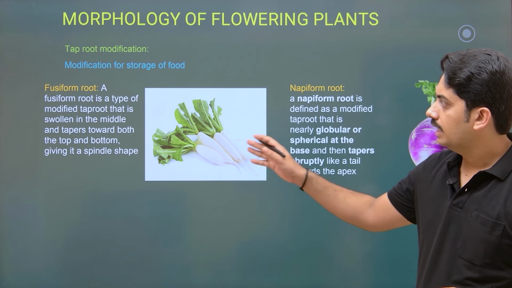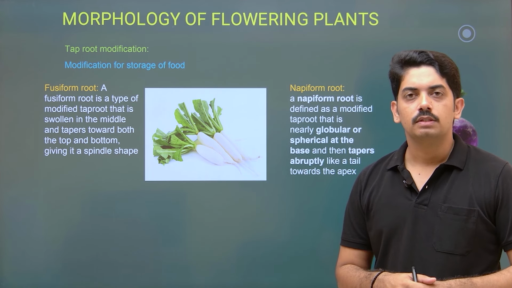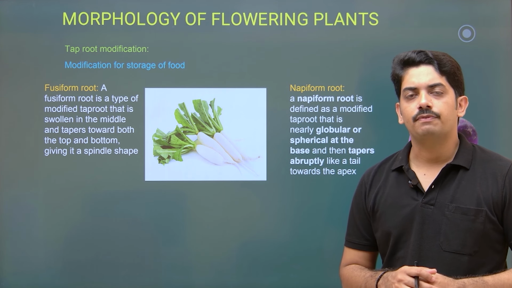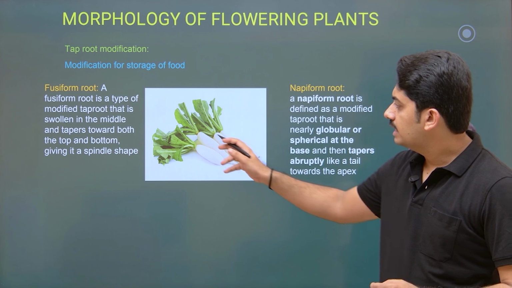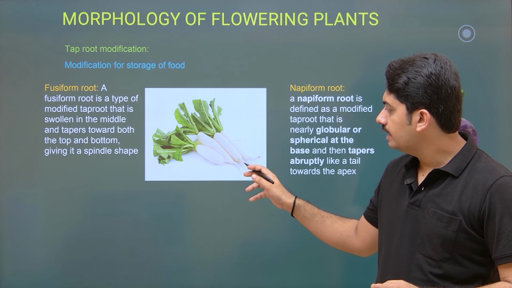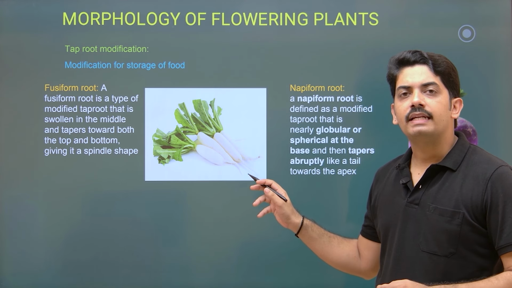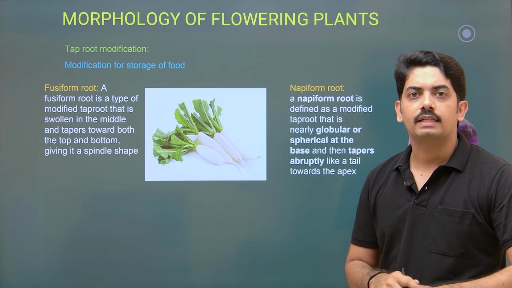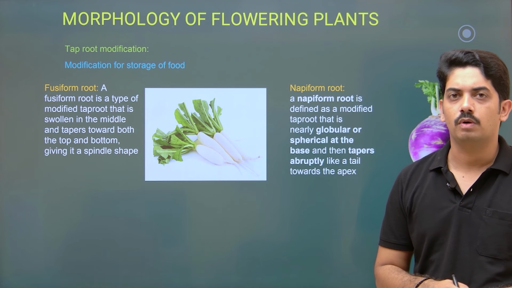The first one is fusiform root. So what does it explain actually? Fusiform means the basal part of the root and the end, they are tapering and in the middle they are swollen. That type of root we call it as fusiform root.